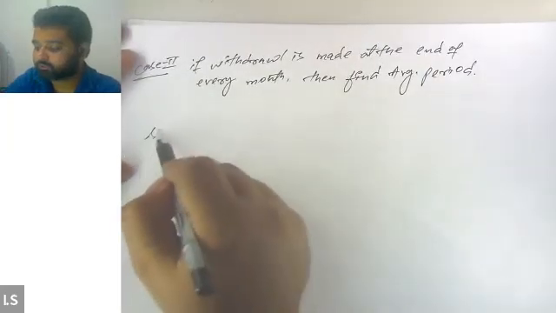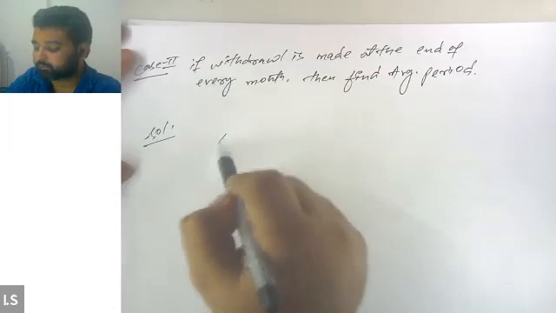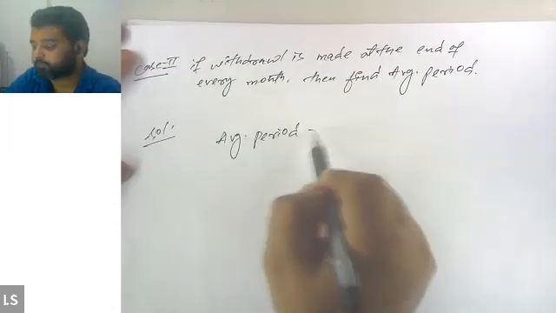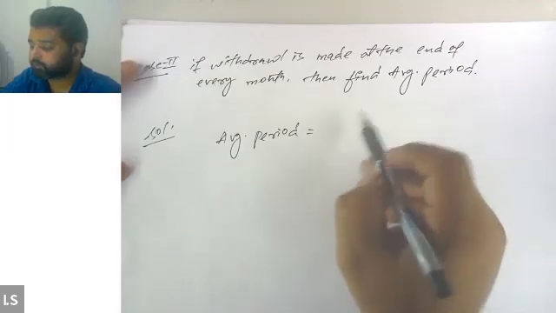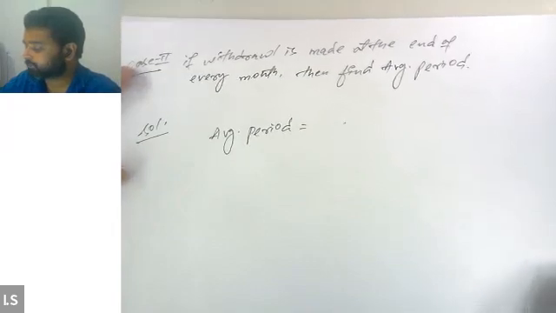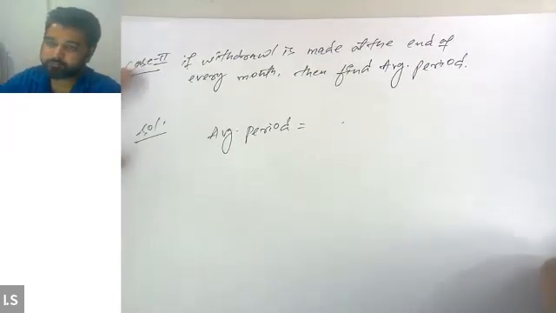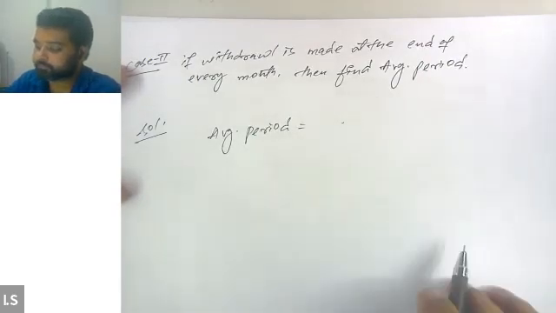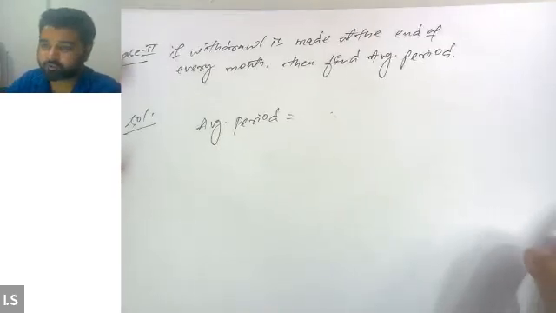So in this situation, average period will be, try to understand this please. Tell me the months left after first drawing. How many months will be left after the first drawing?